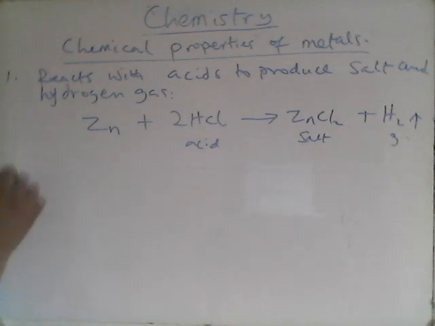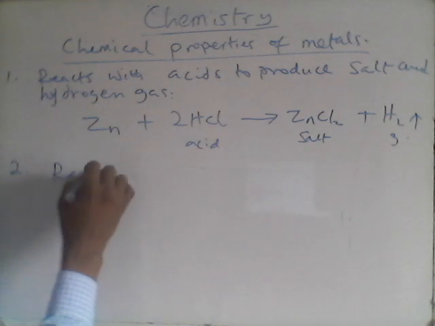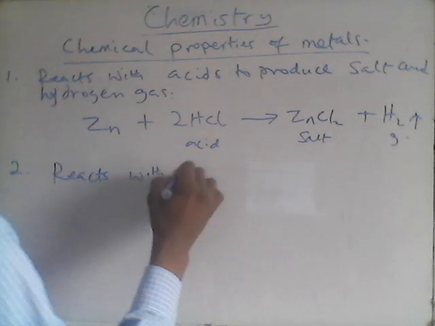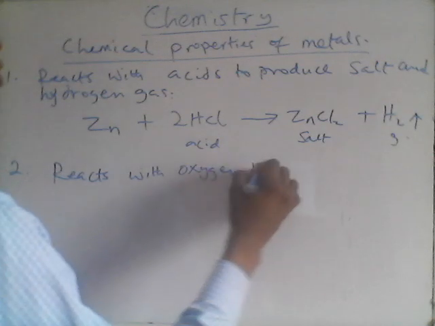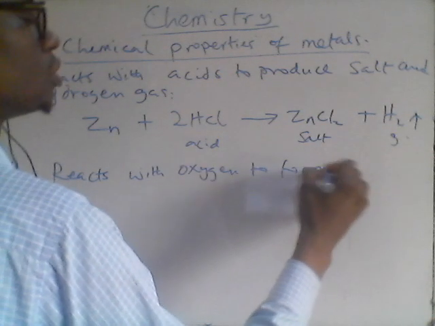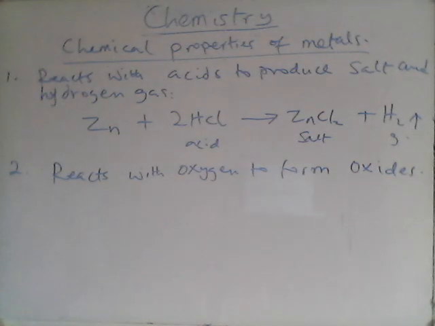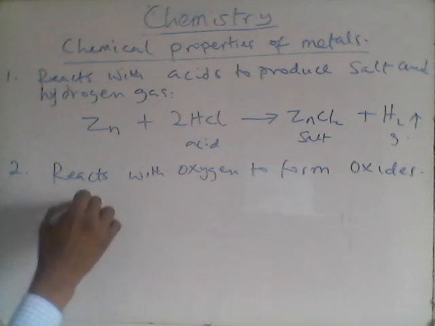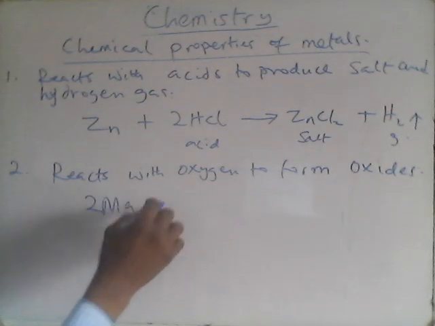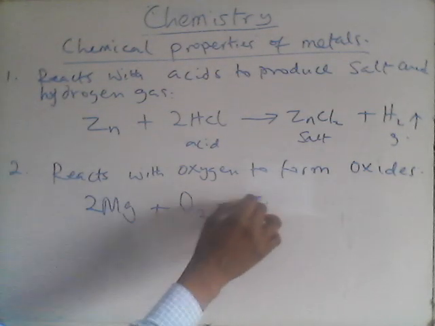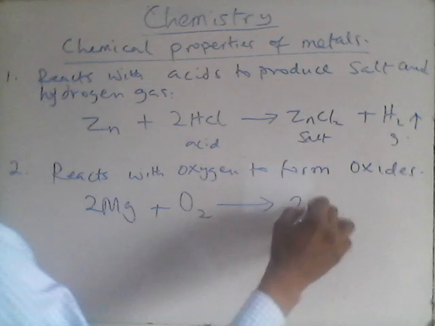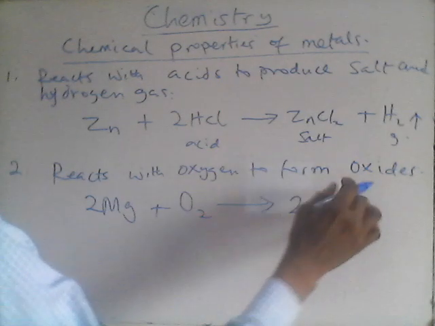Another chemical reaction that metals normally go through is that they react with oxygen to form oxides. An example of this is when magnesium and oxygen react, and we get magnesium oxide.